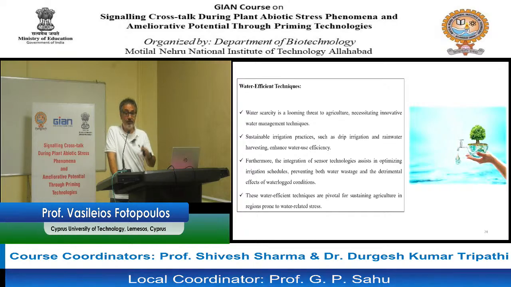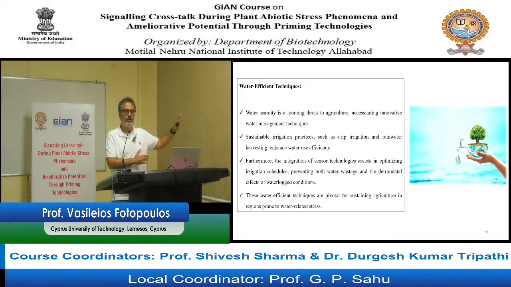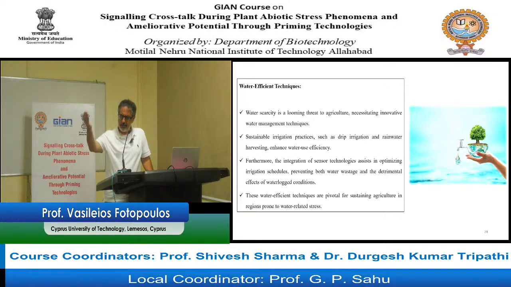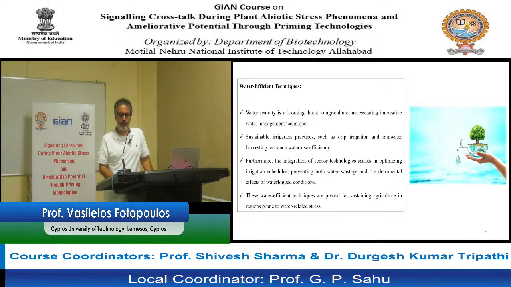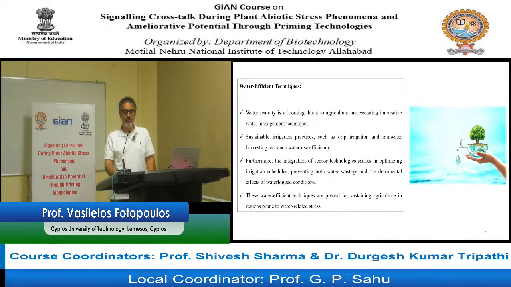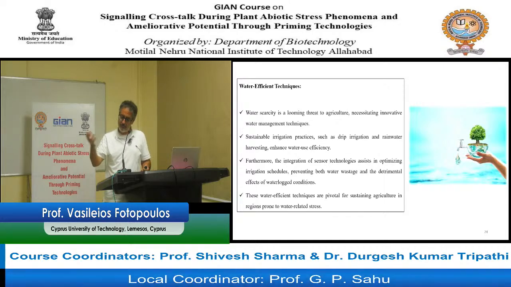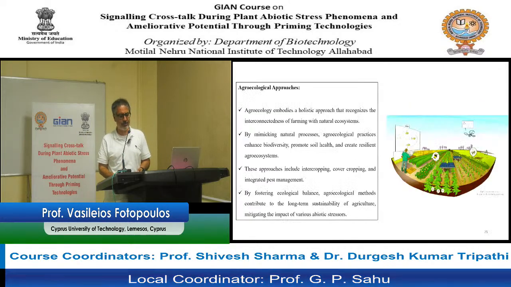Furthermore, the integration of precision and smart agriculture tools such as sensor technologies assists further in optimizing the irrigation schedules, thus preventing both water wastage but also the detrimental effects of waterlogging conditions that lead to the anoxic conditions I mentioned before. And these water efficient techniques are pivotal for sustaining agriculture in regions that are more prone to water-related stresses.